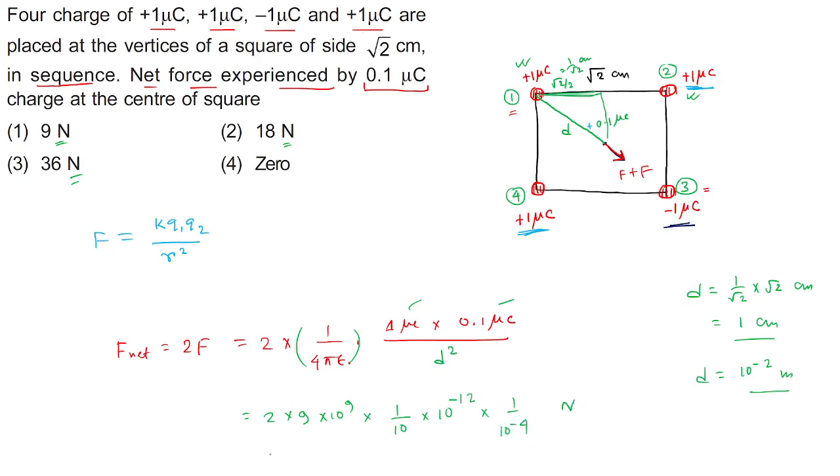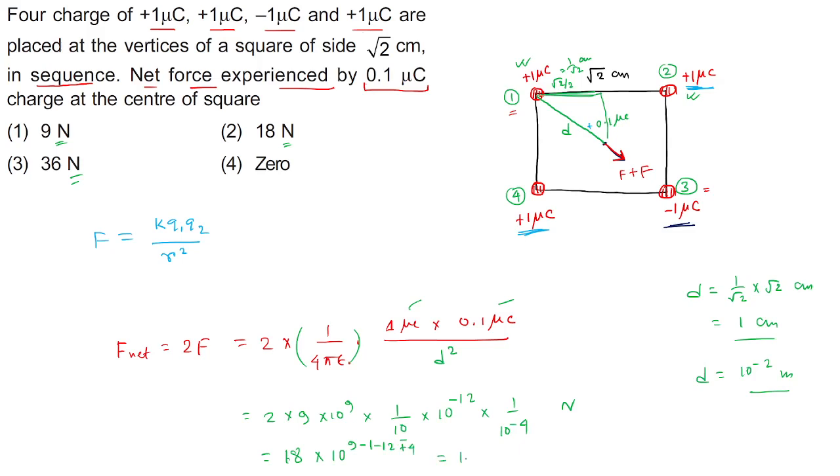So here 9 into 2 is 18. Now we work with only the powers of 10. Here 10 to the power 9. In the denominator there is 10, so minus 1, and here minus 12, and minus 4 in the denominator we write as plus 4.